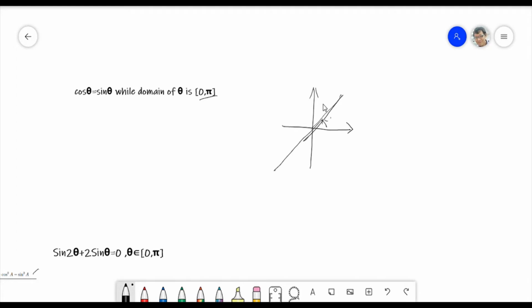It happens at 45 degrees, or it could go to 225 degrees. At those points, when they drop down, the height equals the length. Here they are both negative but the same. But the problem is the range is only 0 to pi, so 225 cannot be included. So only 45 is possible. So theta equals pi over 4, which is 45 degrees.